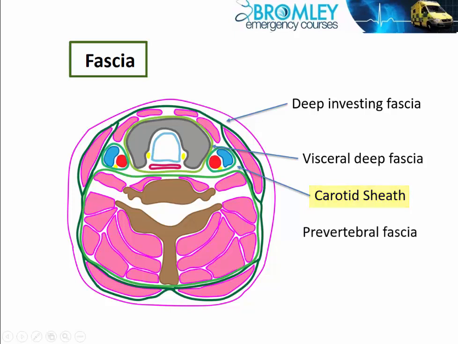And then at the back we've got the prevertebral fascia, and this fascia encloses the spine completely and all the muscles around the spine. Now I'm going to just mention a word or two about the spinal muscles now, because we don't come across it anywhere else in head and neck anatomy. So of course we've got some weak flexors which we can see anterior to the vertebral bodies, and then a number of extensors below.